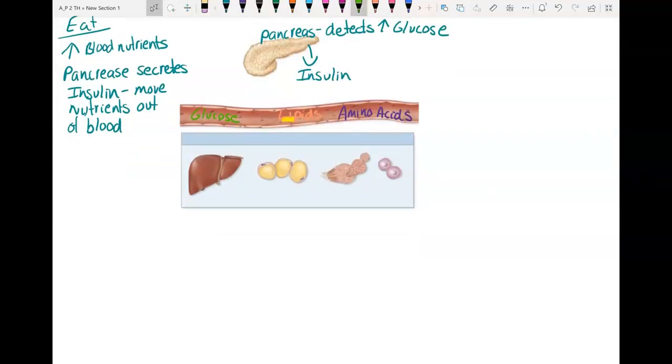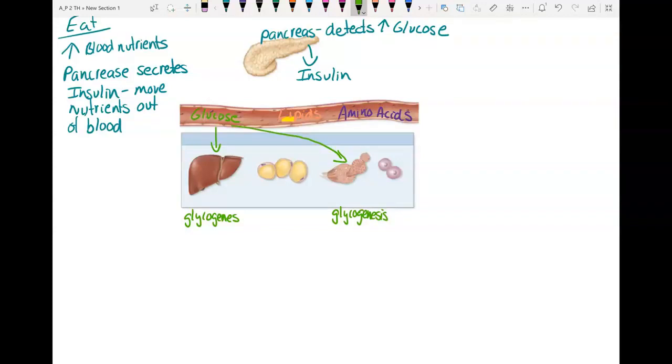So with glucose, think about this, you pretty much already know. Glucose is stored as glycogen in your liver and your skeletal muscles, and that is going to be glycogenesis. So your liver and your skeletal muscles will both do glycogenesis in response to insulin.